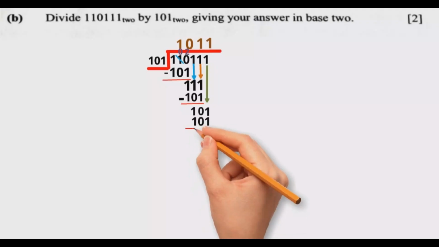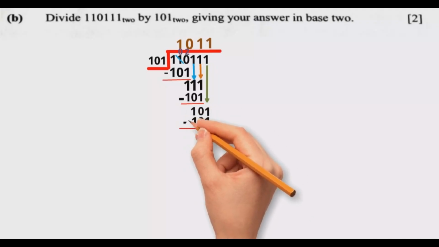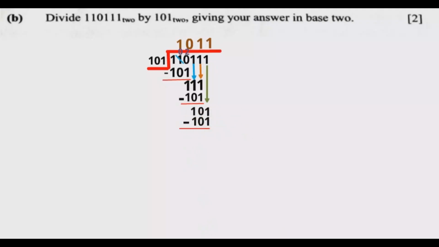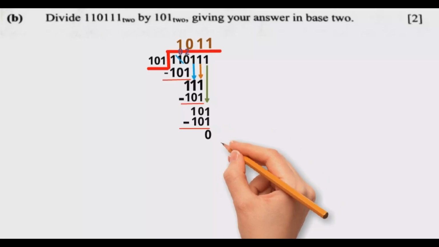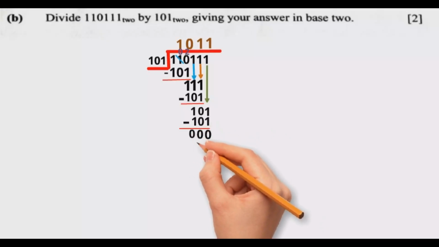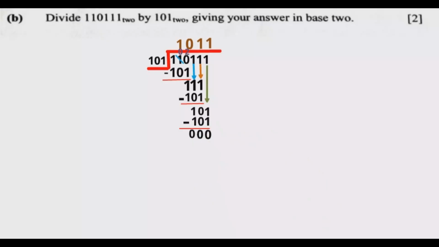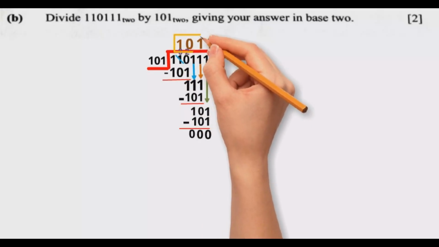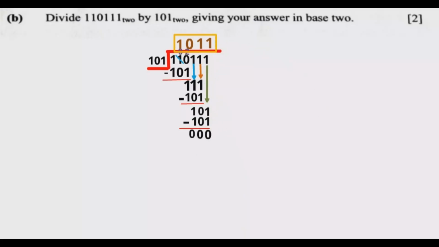Then 101 minus 101: 1 minus 1 is 0, 0 minus 0 is 0, 1 minus 1 is 0. So we end here because it has given us 000. So the answer will be the one we have found on top, which is 1011 in base 2.